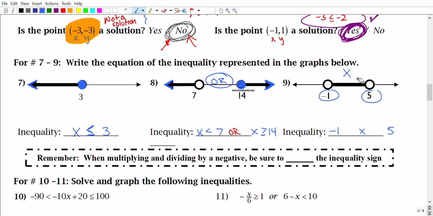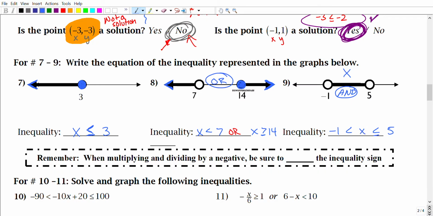Now, I've told you guys before in the past that for these and statements, remember these are and compound inequalities, we will always be using those less than symbols between the two numbers. Now it's just a matter of figuring out whether they're going to be less than or equal to or just less than symbols.